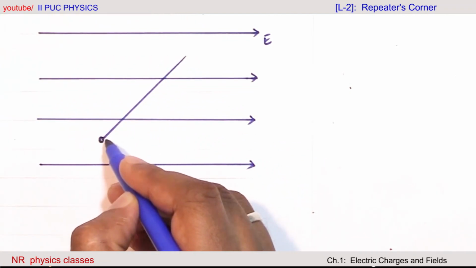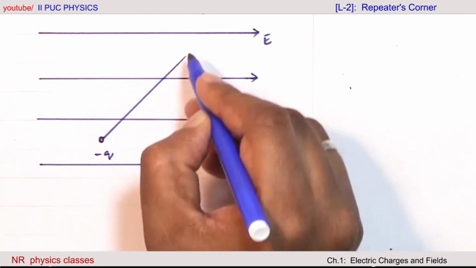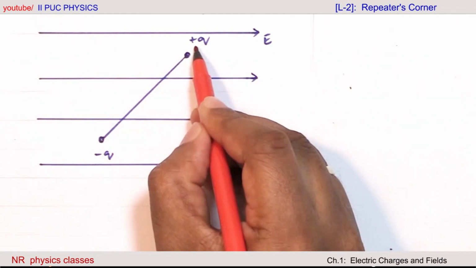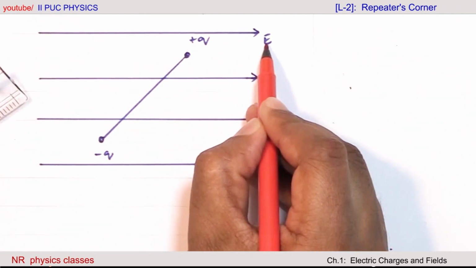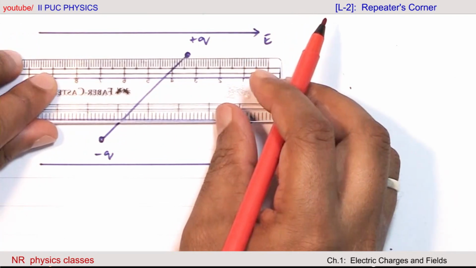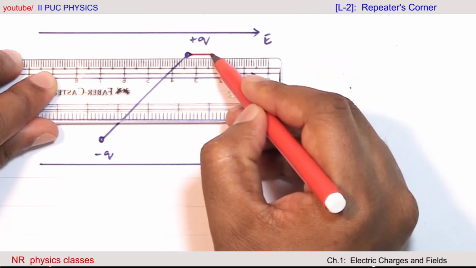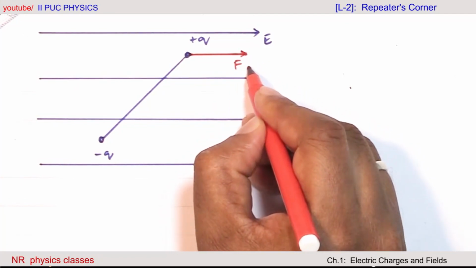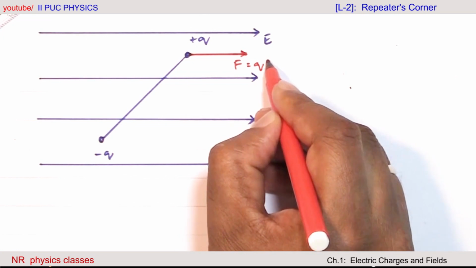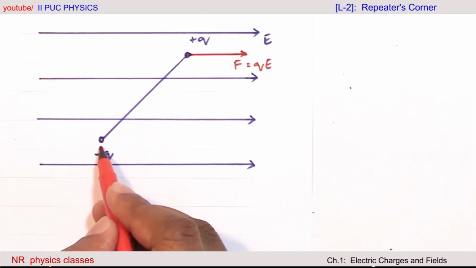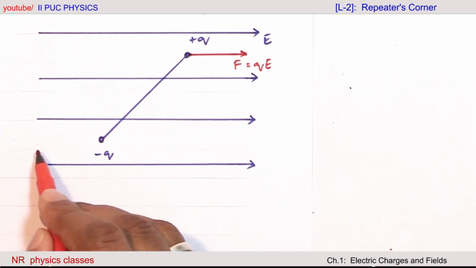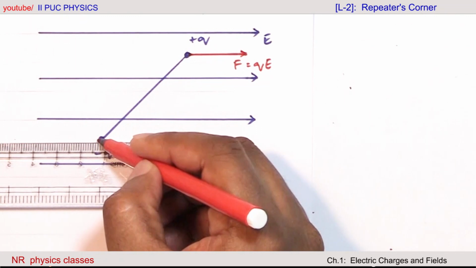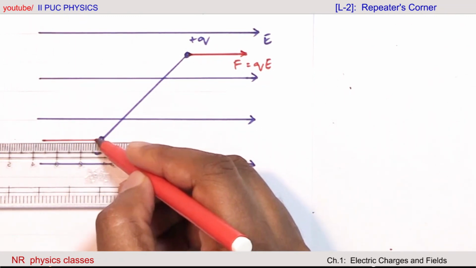This is minus Q and this is plus Q. Plus Q experiences force in the direction of the field. So this is the direction of force on Q, and this force is Q into E. Direction of force on minus Q is against the electric field. So this is the force on minus Q.